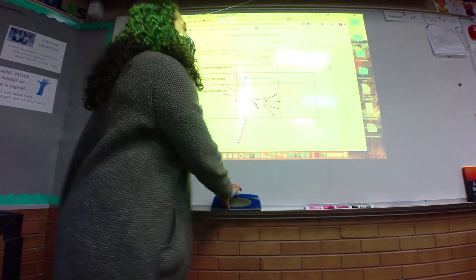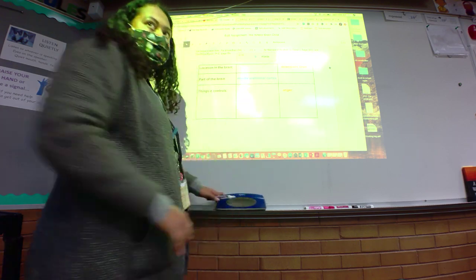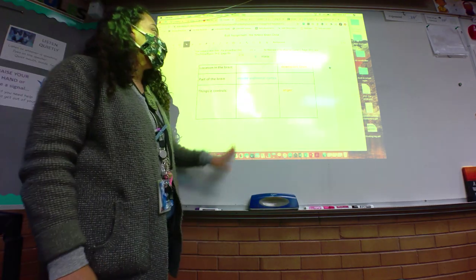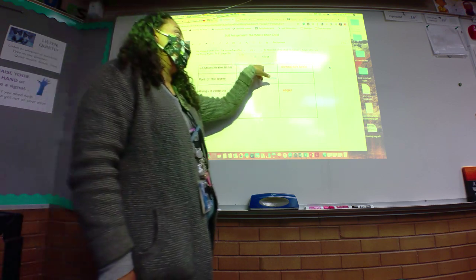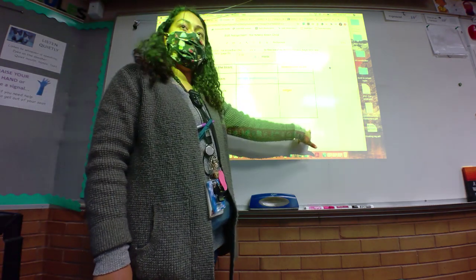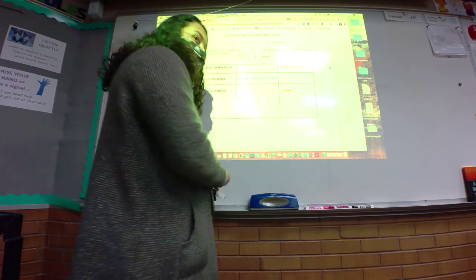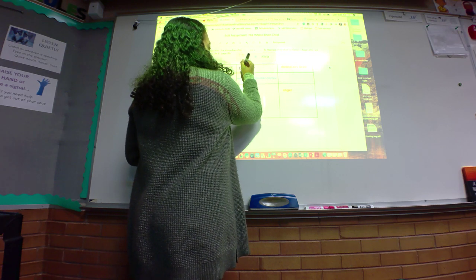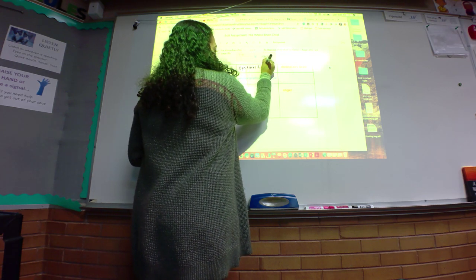Got it? Now let's look at the table and fill in the table based on what we saw on our picture and what we described. The location of the brain is written in here. If this side's the downstairs brain, this side would be the upstairs brain. Type it in: upstairs brain.